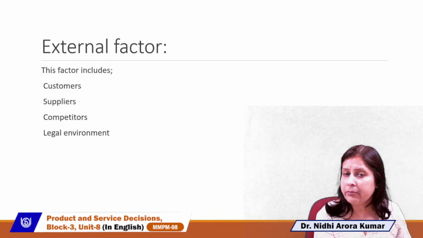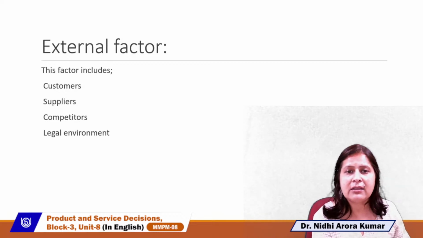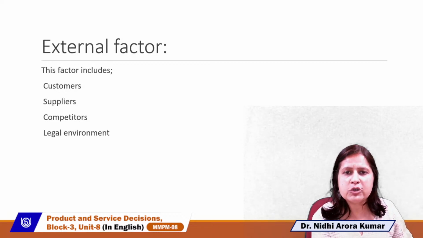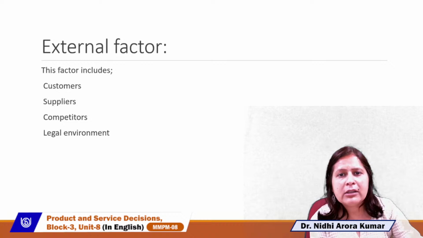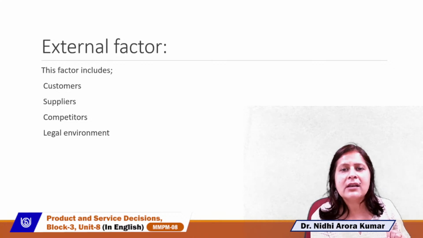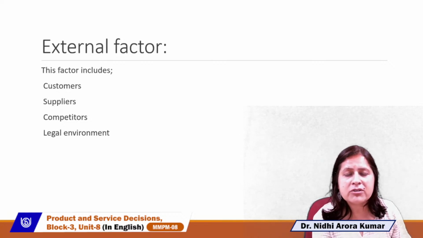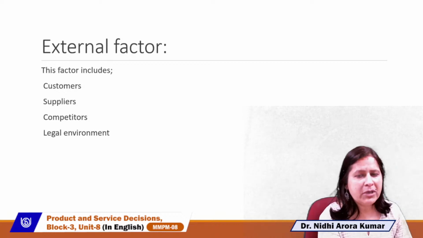Many things matter, like the age group, the income group, then the sex, whether you are targeting males or females, right? Their purchasing power, their interest. All these things should be considered.